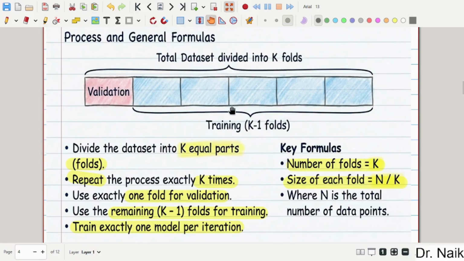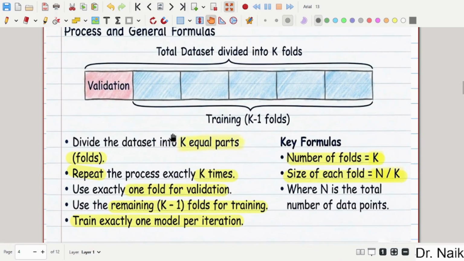Repeat this process k times. In this way, we train exactly one model per iteration. The number of folds is called k. K means the number of folds, and the size of each fold is n divided by k, where n is the total number of data points and k is the number of folds.